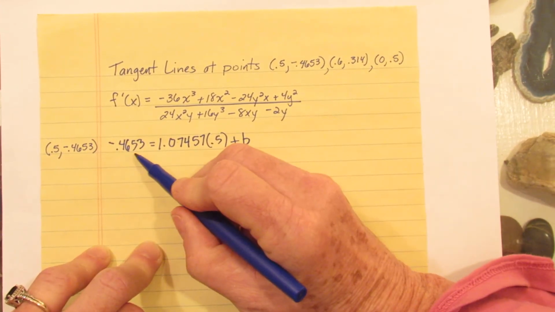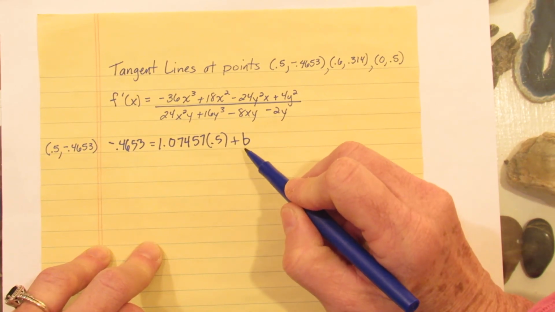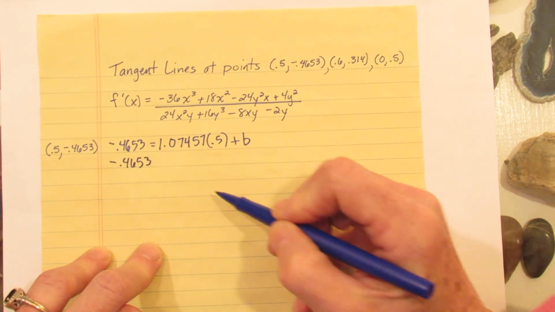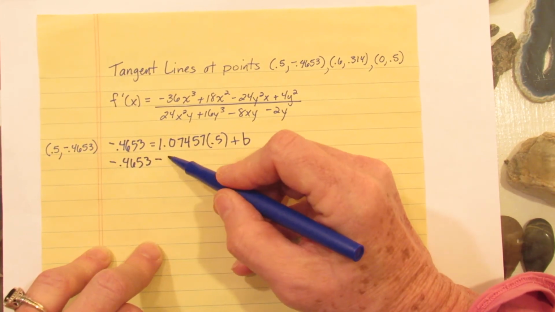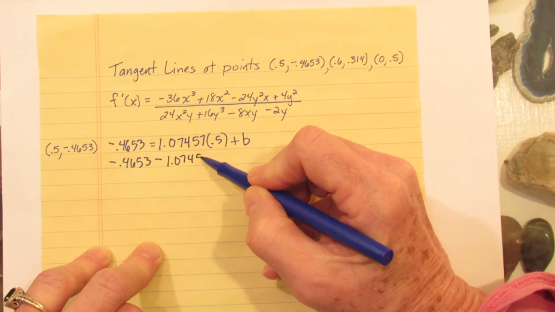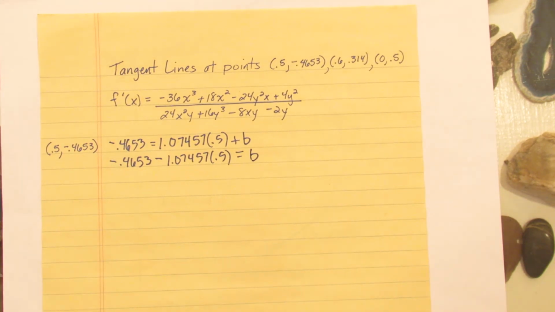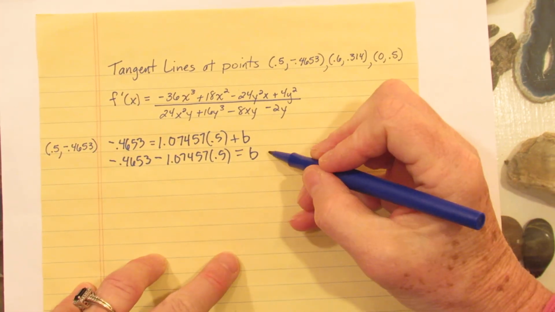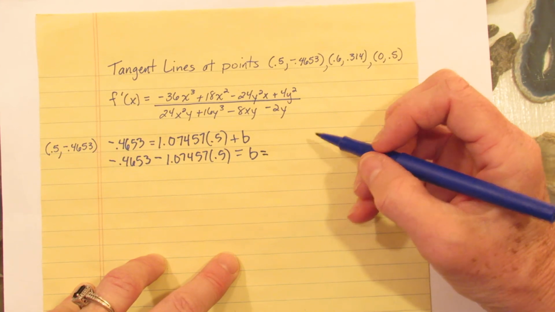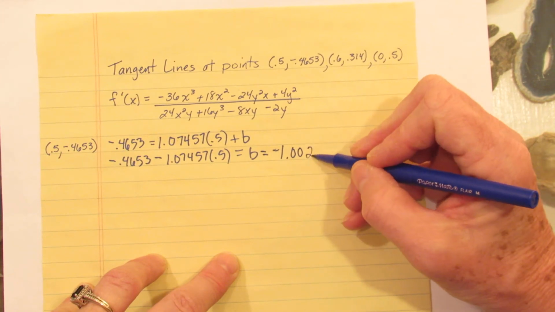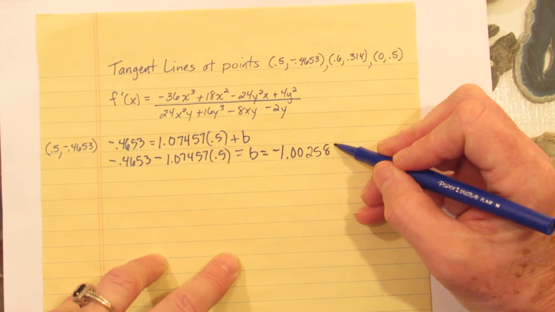And so y equals mx plus b. That allows me to solve for the b. So negative 0.4653 then is going to have that amount subtracted from it. And that will give us our b. And if you correctly do that number crunching, you end up getting b equal to almost negative 1, negative 1.002585.